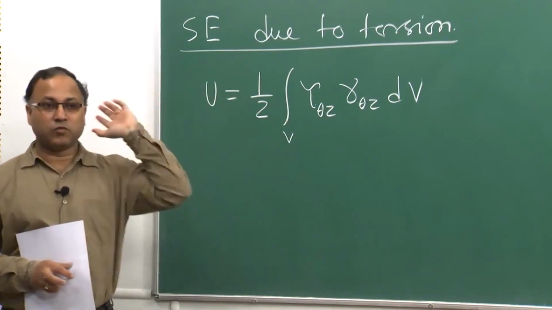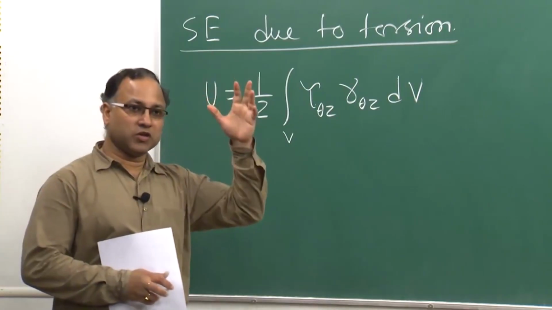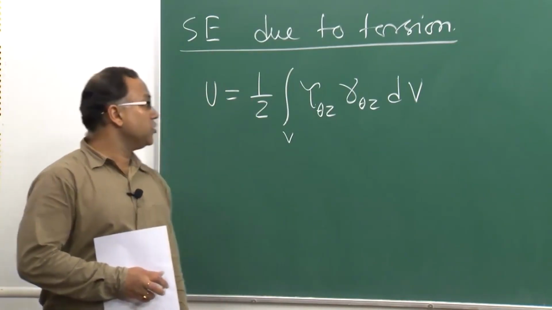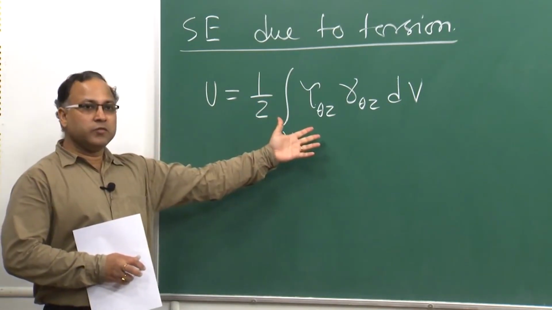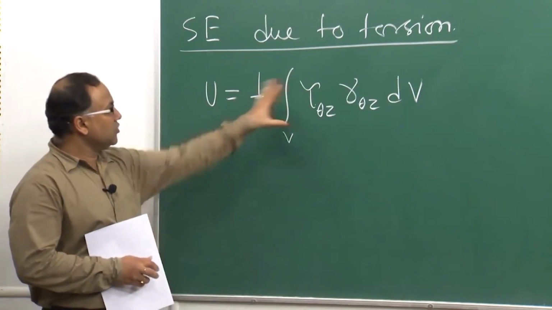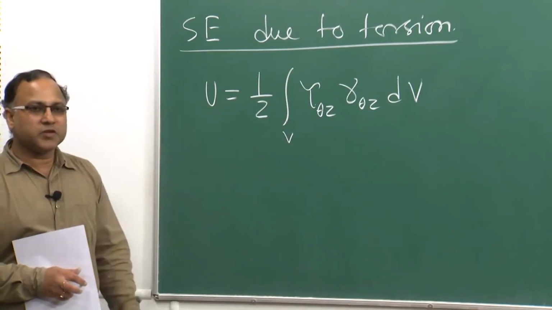You know from our previous discussion on torsion that we saw what stresses get developed during torsion. So, tau theta z is the only existing part in case of torsion. So, this is your strain energy expression.